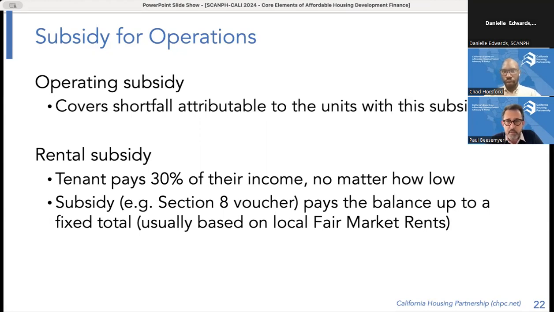It's primarily different flavors: the old line PBRA Section 8 program, the Housing Choice Voucher program, and also the Continuum of Care, formerly known as the Shelter Plus Care program. But the basic idea there is a tenant pays 30% of their income, no matter how low their income is, and the subsidy pays the balance of rent due up to a fixed amount, usually indexed in one way or another to local fair market rents.